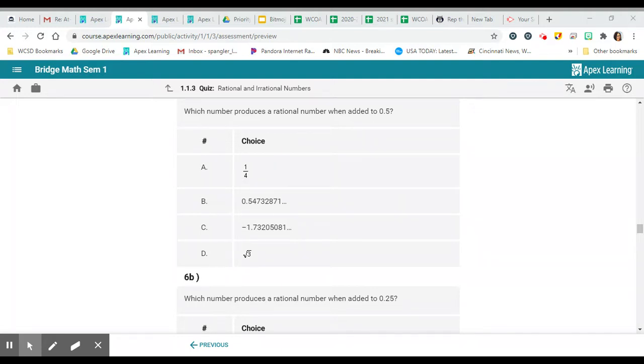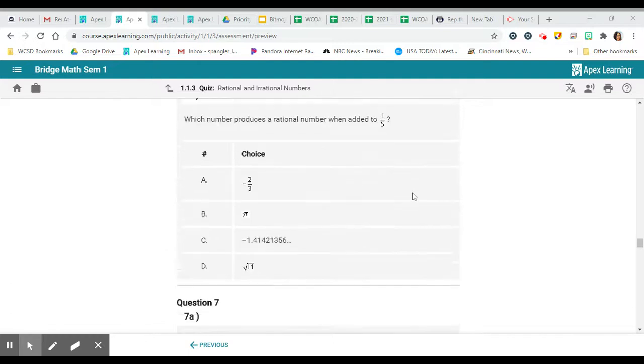The sum, which is when you add, the sum of two rational numbers is always a rational number. So since 0.5 is a rational number, we would have to look and choose the number on here that is the other rational number. So the only other number here that is rational would be 1/4, because 1 divided by 4 would give us a rational number.